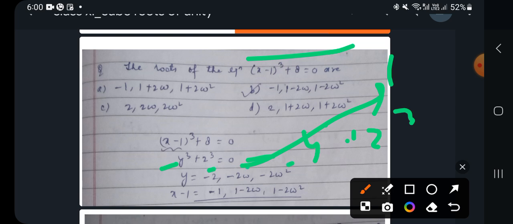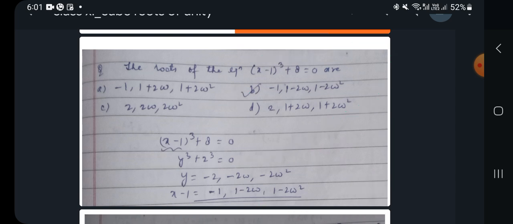And if you put x minus 1 in place of y, and when this 1 goes to the other side, it will get added to the respective roots, so the roots will become minus 1, 1 minus 2 omega and 1 minus 2 omega square. So our option B will be the correct option.